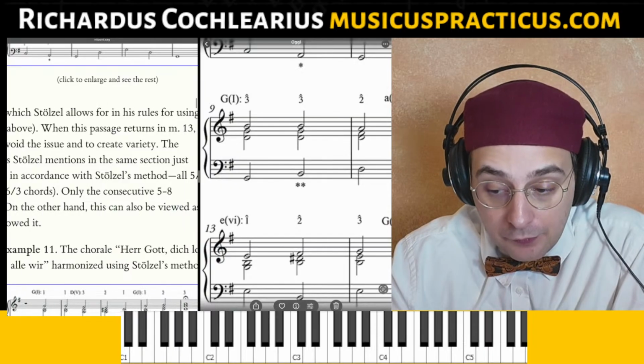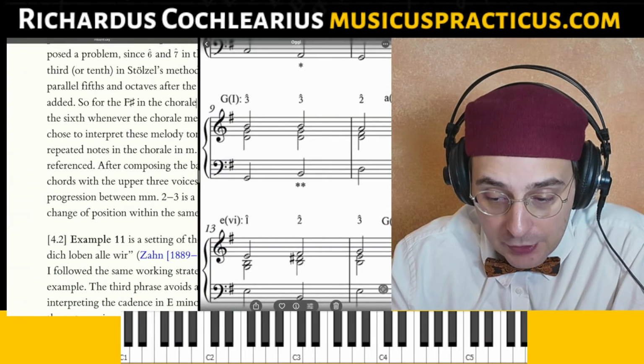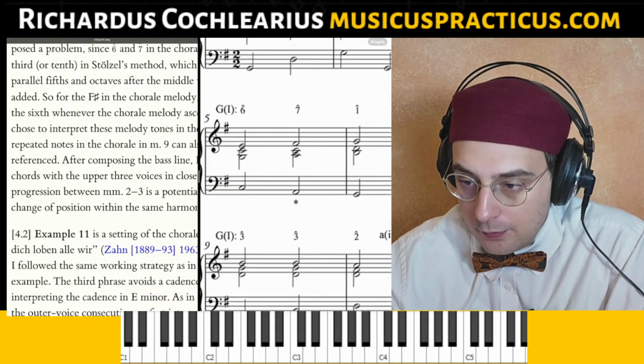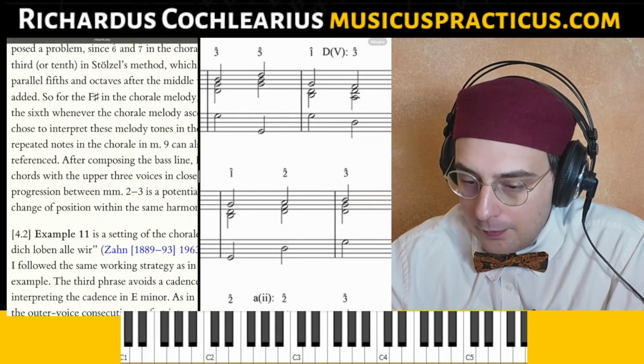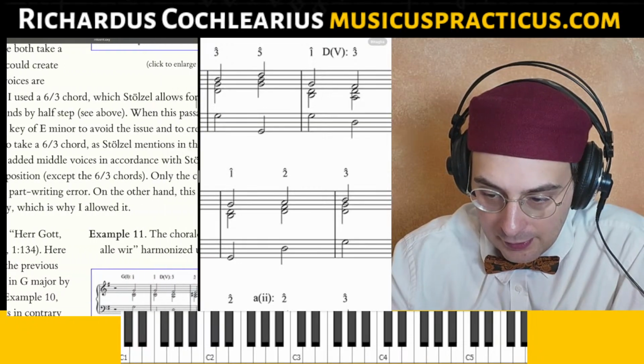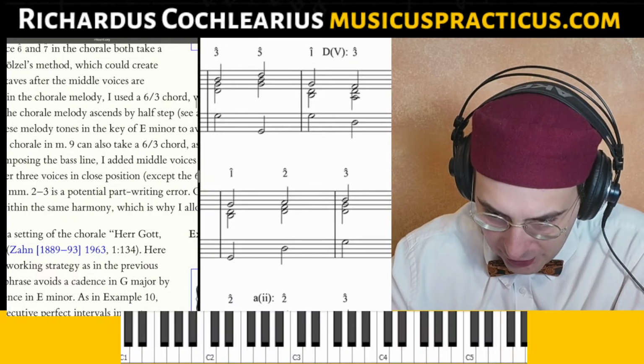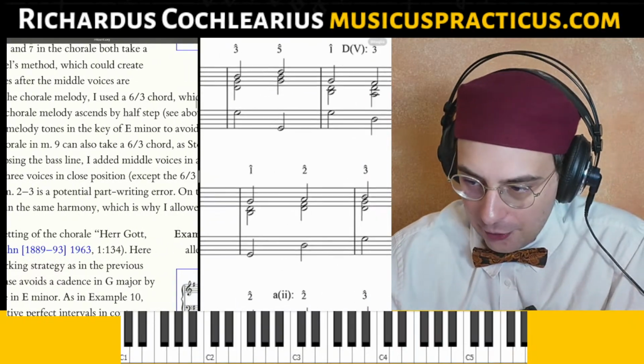Only the consecutive 5-8 progression between measures 2 and 3 is a potential part writing error.